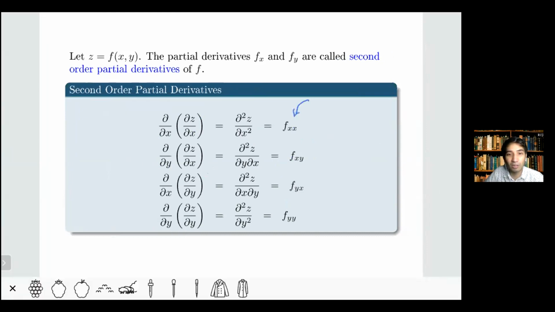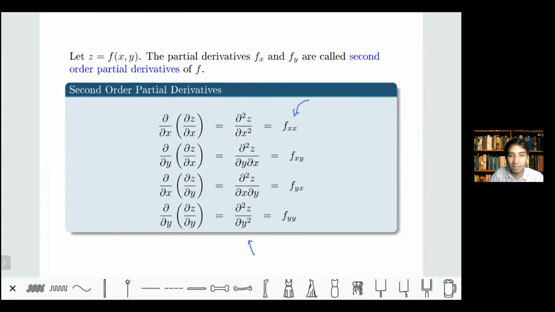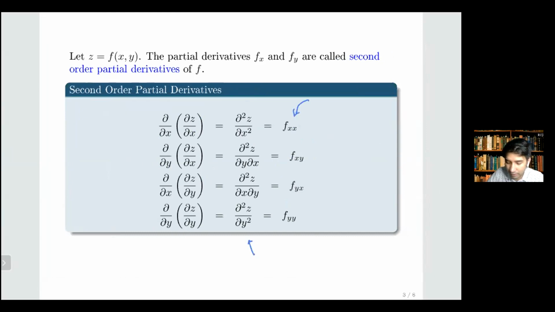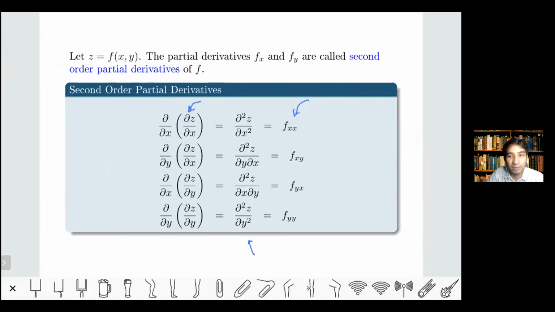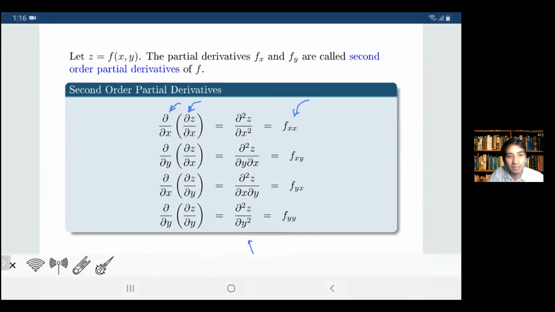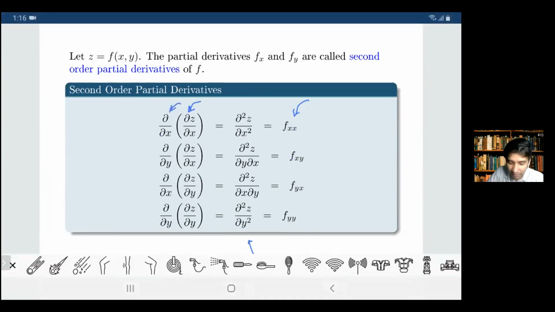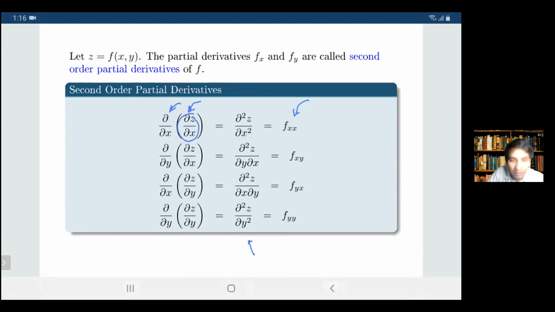Yung nasa pangatlong column. Okay. Ngayon, ano naman itong mga nasa pangalawang column? Well, ganun din yung idea. So, halimbawa, for fxx, ang order natin dyan ay differentiate with respect to x, then with respect to x again, di ba? So, ito ay derivative with respect to x. That's a function. So, pag nilagyan mo siya ng symbol sa kaliwa, ibig sabihin, dinidifferentiate mo itong nasa loob with respect to x.